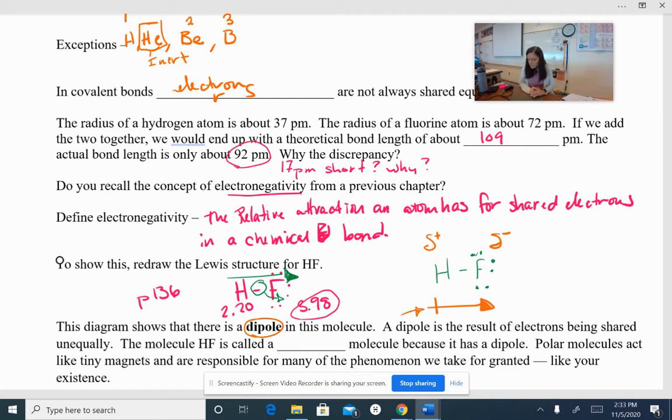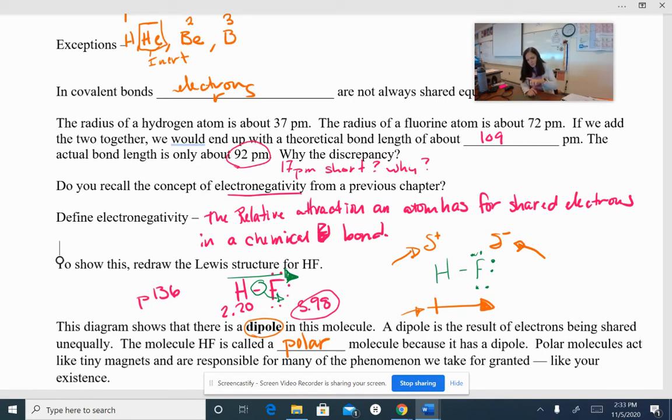A dipole is the result of electrons being shared unequally. The molecule hydrogen fluoride is called a polar molecule because it has a dipole, poles. It has a positive pole and a negative pole, kind of like a magnet.